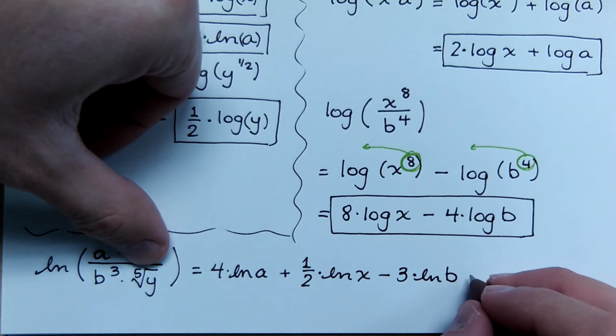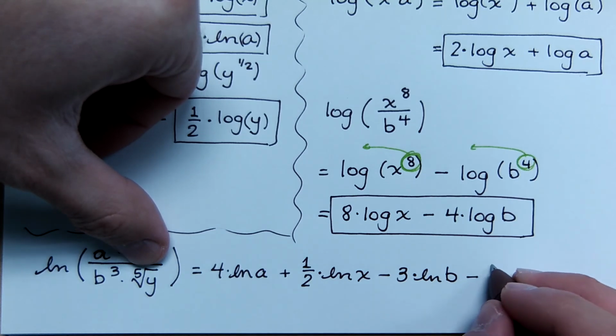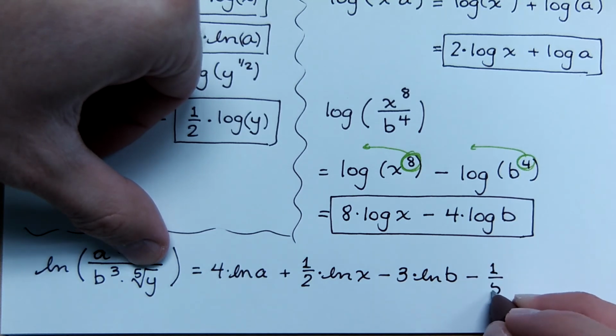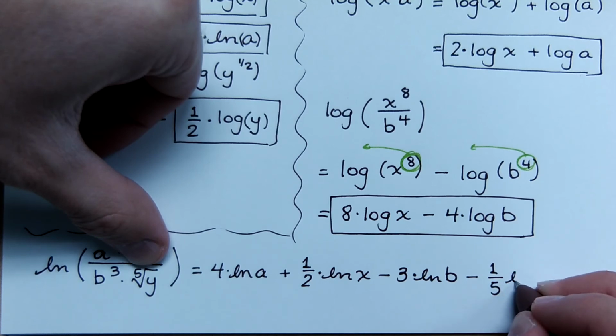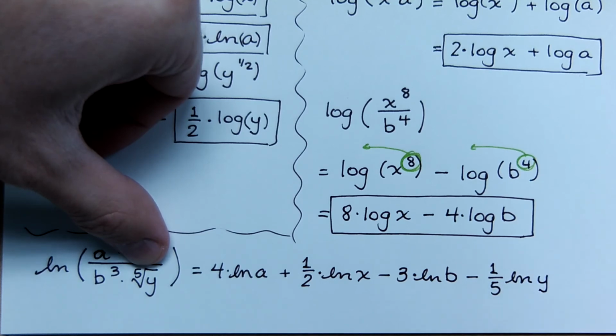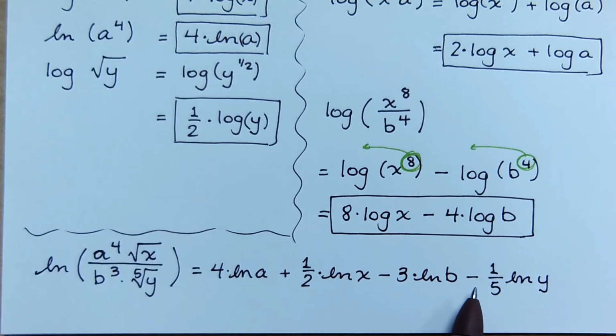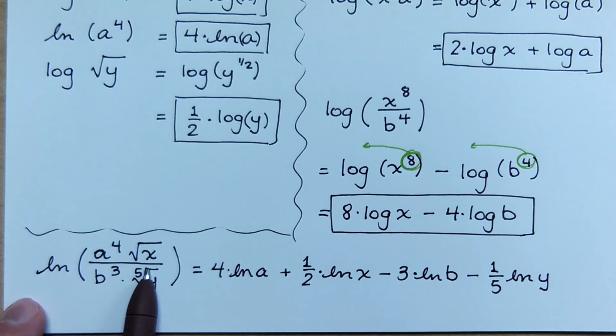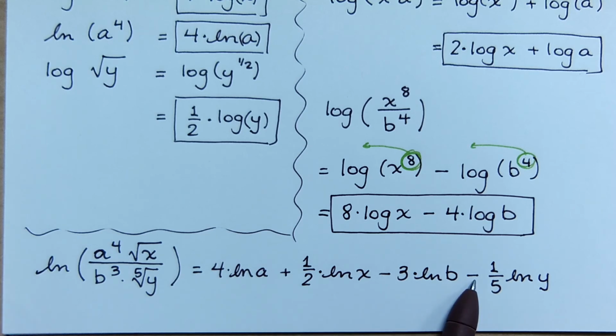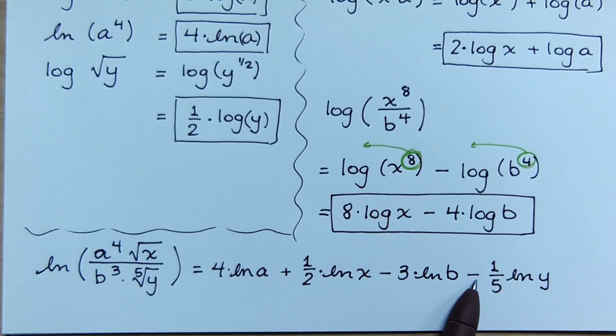Minus 1/5 times the natural log of y. You might say, but why is this subtraction when it was multiplication over here? It's because it's a factor in the denominator. The powers that would lead you to something in the denominator are negative powers, and that's why we have the subtraction there.